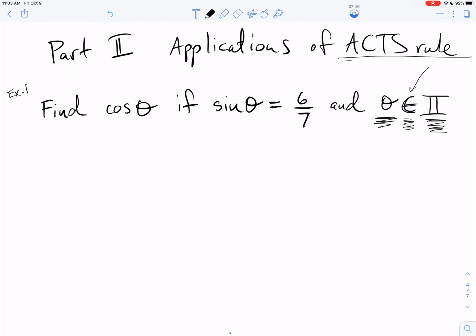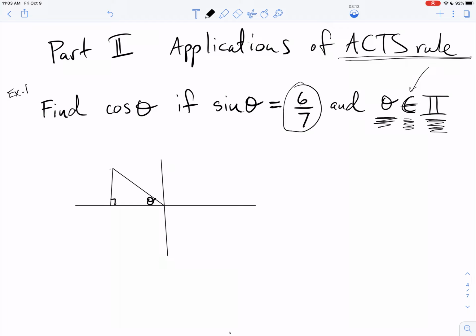So hey, this is the same type of thing. This is an application of the ASTC rule. I noticed that if sine is 6/7, they don't have a negative on that 6/7. That means that sine angle that they're talking about is in this quadrant. See, this is a reference angle.